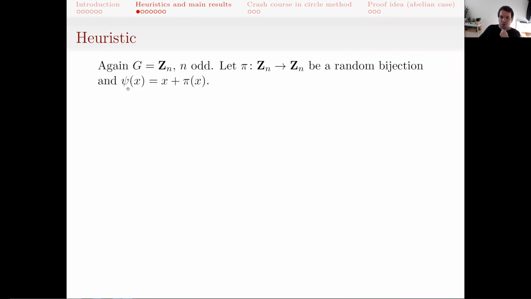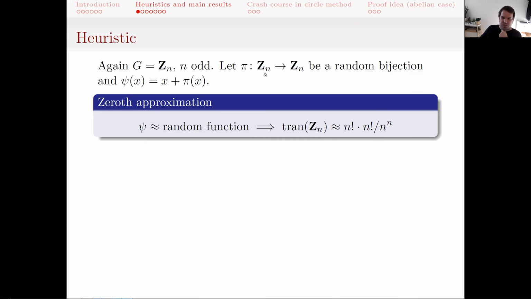So psi would now be just a random function from Zn to Zn.